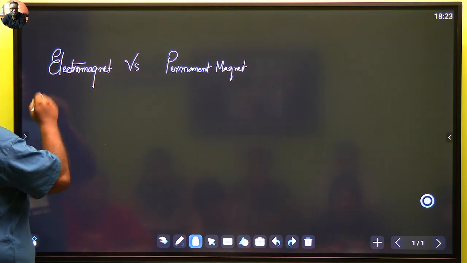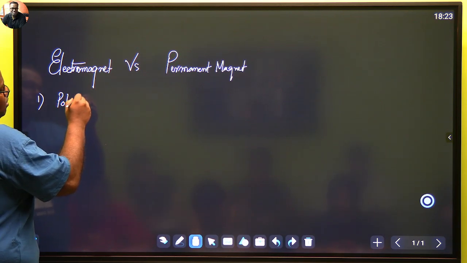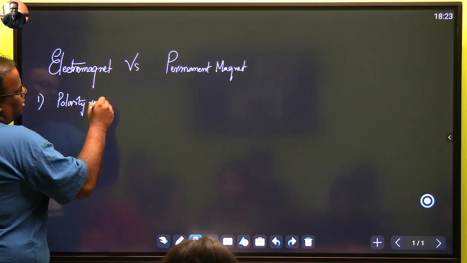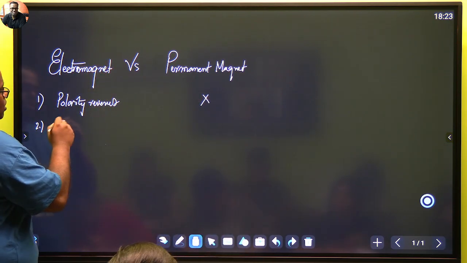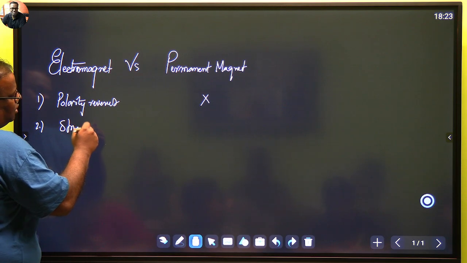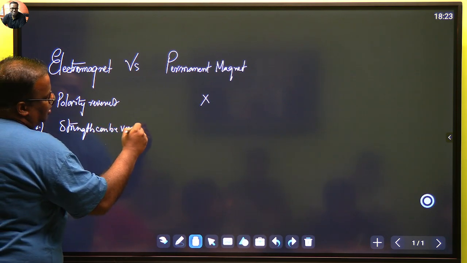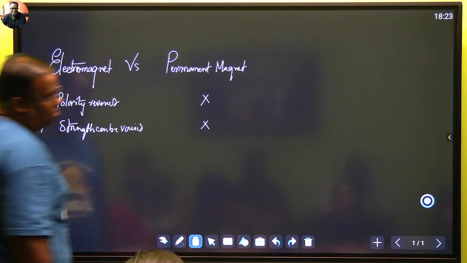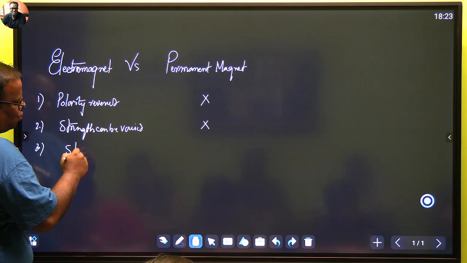Number one, electromagnet polarity can be reversed. Can you reverse polarity out here? No. Number two, strength can be varied. Can you do it out here? No.